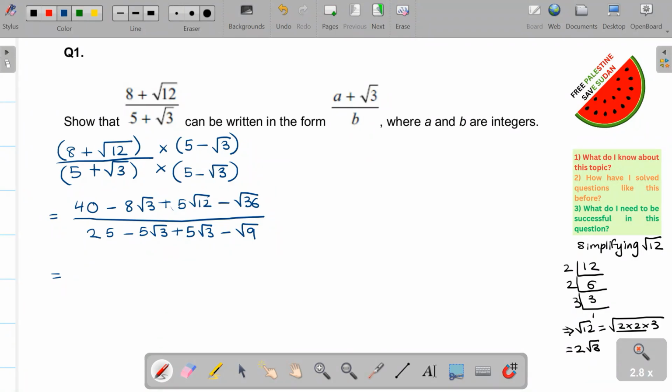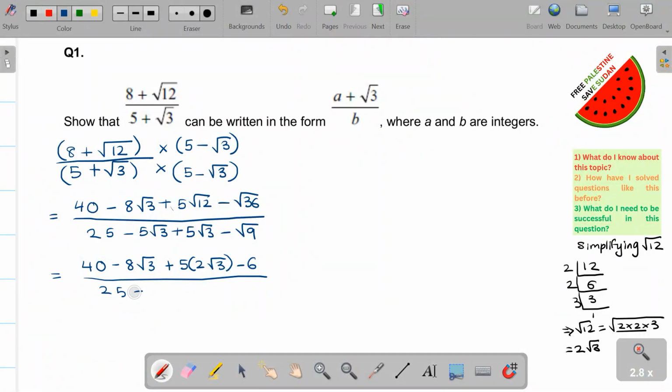So now I have 40 minus 8 root 3 plus 5 times 2 root 3. And root of 36 is 6, so minus 6. Now my denominator will have 25. Minus 5 root 3 and plus 5 root 3 cancel each other out.